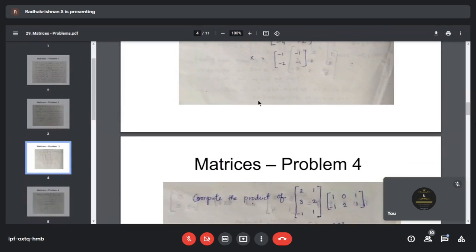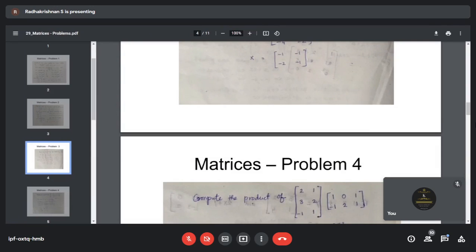Now let's go to multiplication of matrices. Here again a simple problem. There are two matrices given. Compute the product of 2 1, 3 2, minus 1 1, and 1 1 0, 1 minus 1 2 1. This is a 3 by 2 matrix and this is a 2 by 3 matrix.